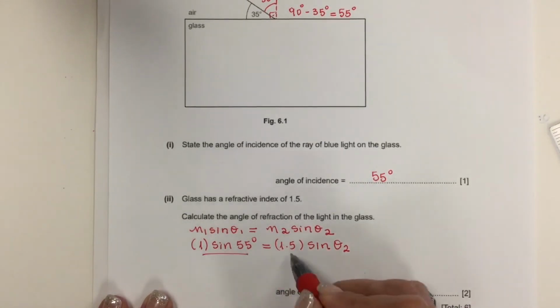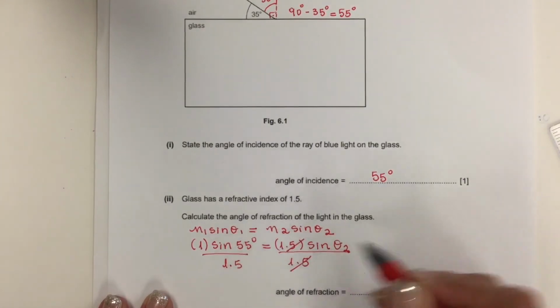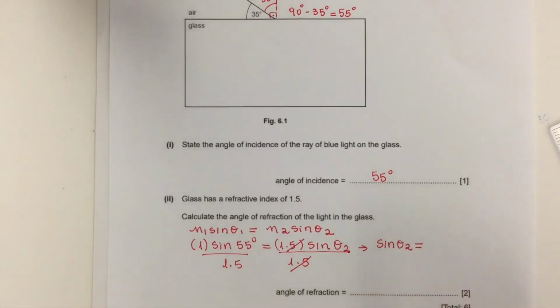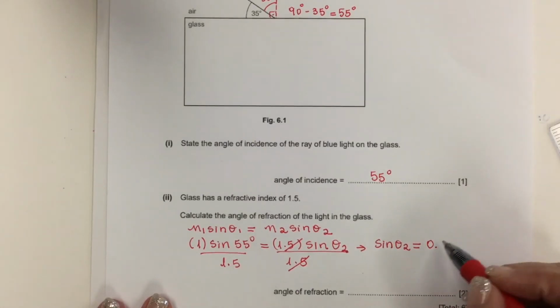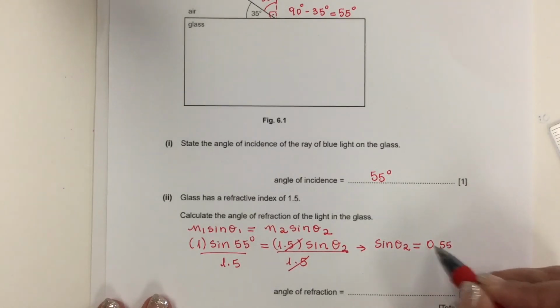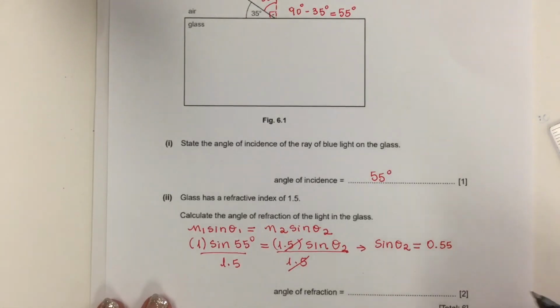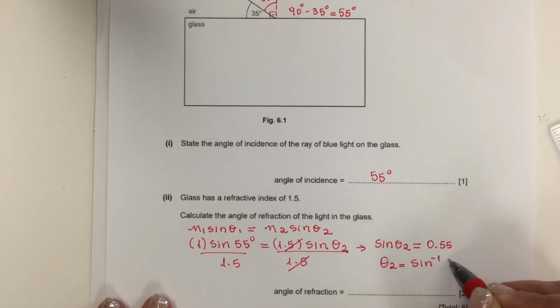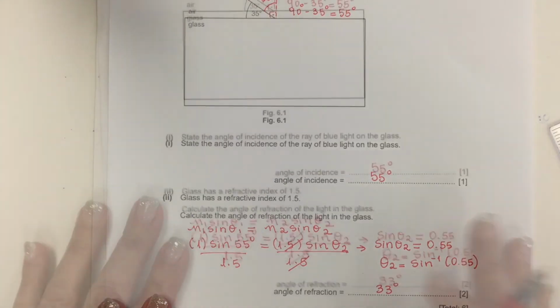So I'm going to divide both terms by 1.5, which eliminates this. And my sine of theta 2 is equal to this fraction. I'm just going to write the decimals here, like 2 decimals. And when I calculate the inverse sine of this value, my calculator shows the angle of refraction of 33 degrees. Now back to the picture.